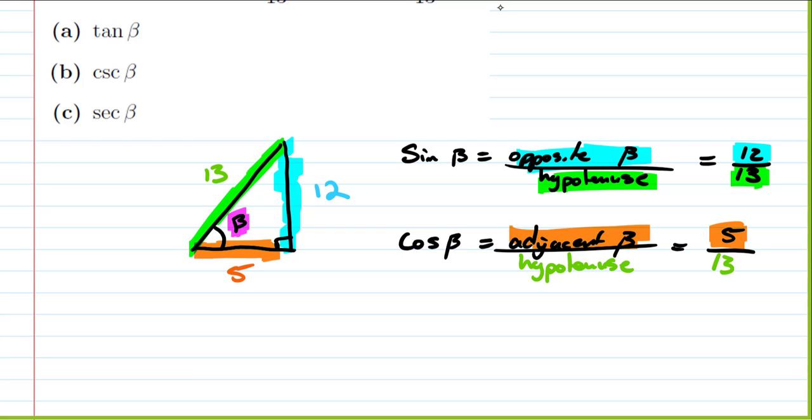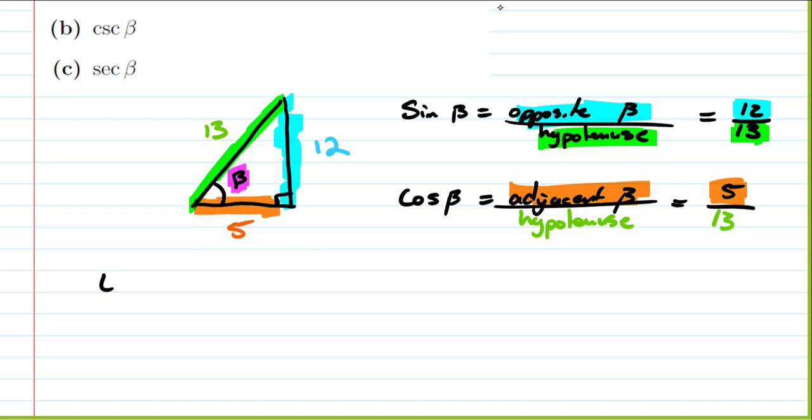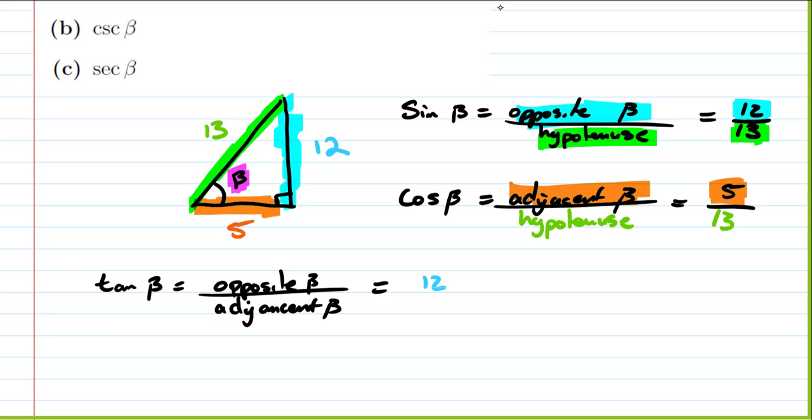Well, we now know all three sides of this triangle. So then the tangent of beta is the opposite over the adjacent. So our opposite of beta is 12, and our adjacent to beta is 5. So the tangent of beta would be 12/5.